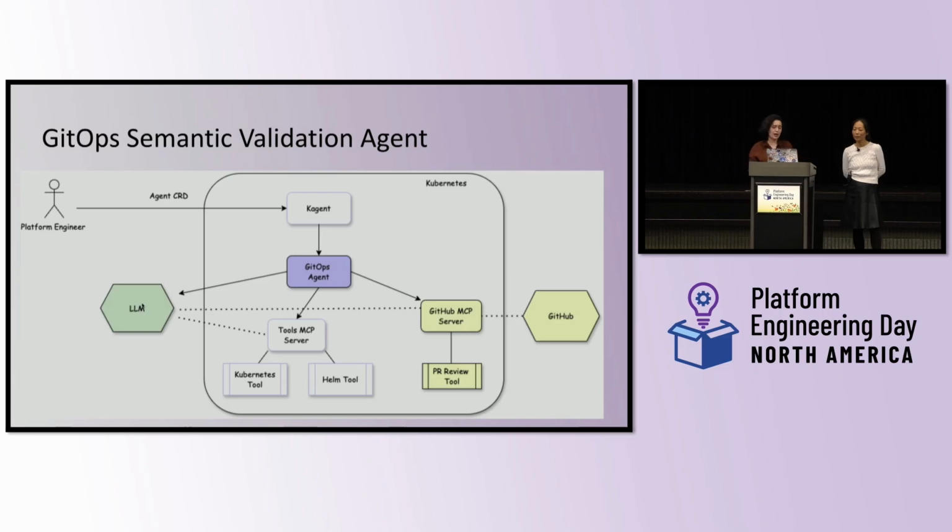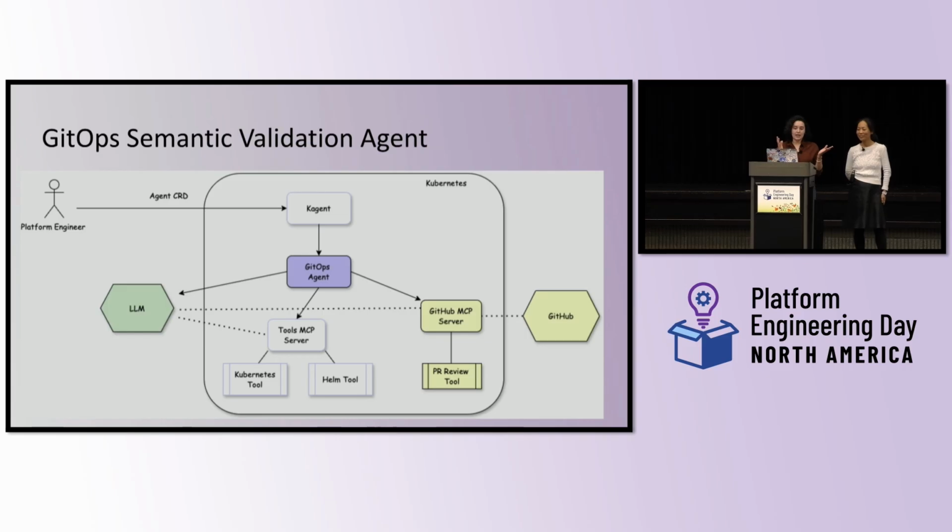So with this approach, we bring more intelligence to the GitOps validation process, and this helps us get early feedback for our developers before the changes hit the cluster, reduce the amount of reviews we need to do, and enforce some rules and validations across the different teams.